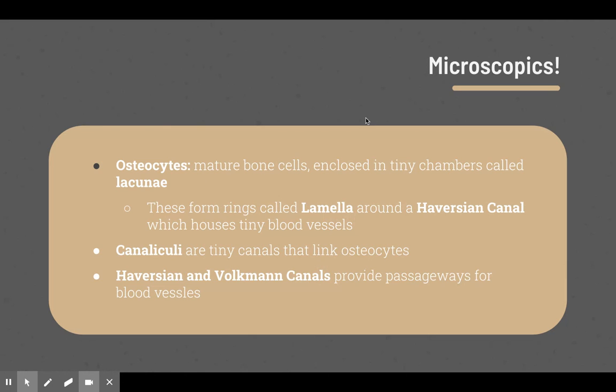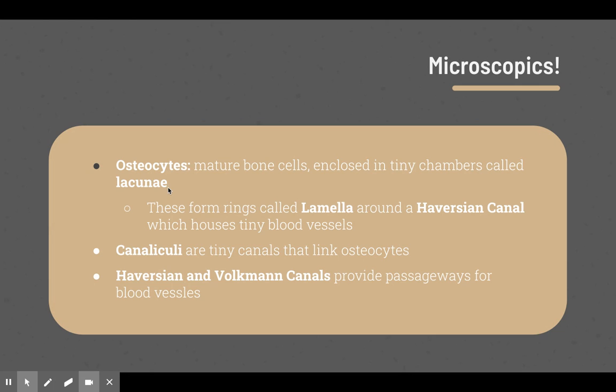So, some microscopic terms that you'll need to know. Osteocytes are exactly what they sound like. Cyte means cell, osteo means bone. So these are simply bone cells, mature bone cells that are enclosed in tiny chambers that we call lacunae. I'm going to show you an image of this.